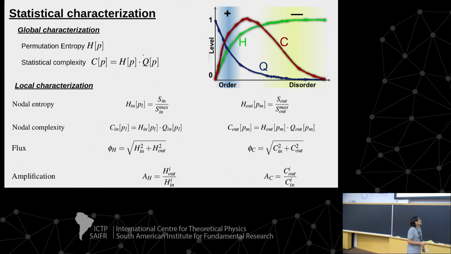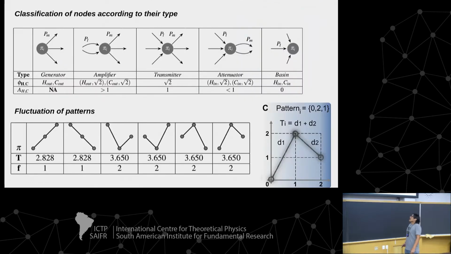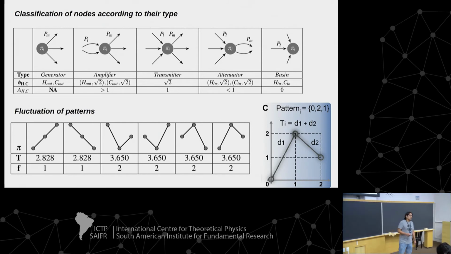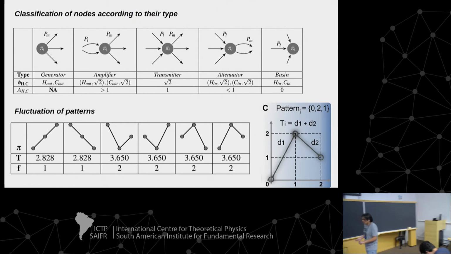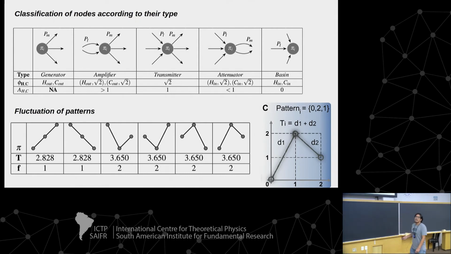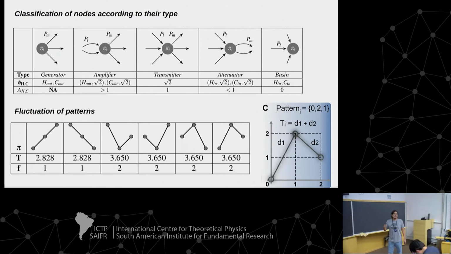Okay, very well. According to this classification of nodes, using the entropy, the complexity, the flux and the amplification, we can classify each node in the network in different ways.